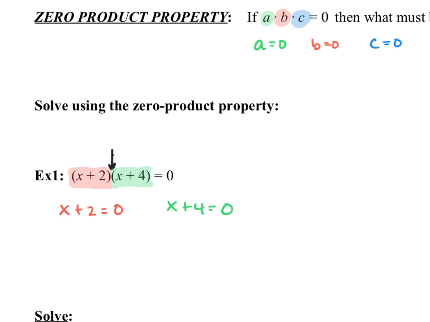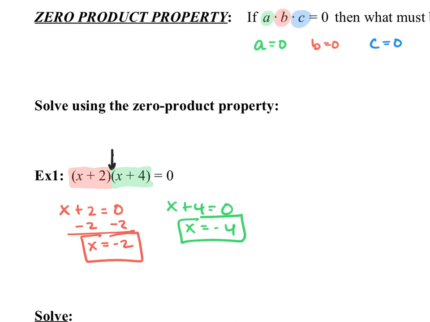And so now I have two simple equations, and I'm going to solve those the way I always would. In the red one, I would subtract 2 from both sides, and x would equal negative 2. In the green one, I would subtract 4 from both sides, and x would equal negative 4. So my two roots, or my two solutions, are negative 2 and negative 4.